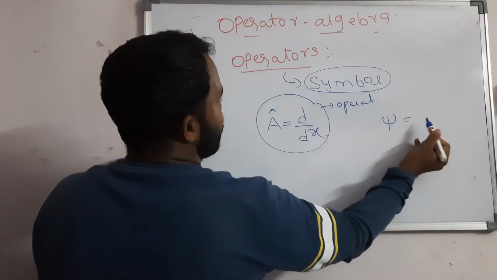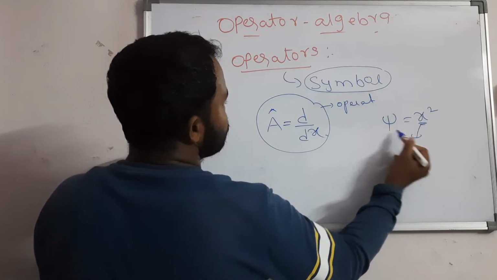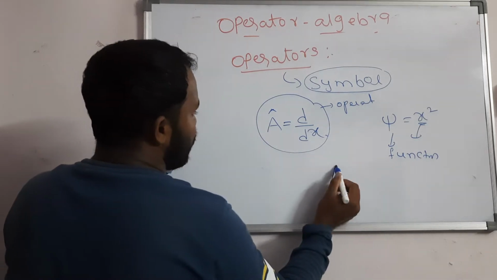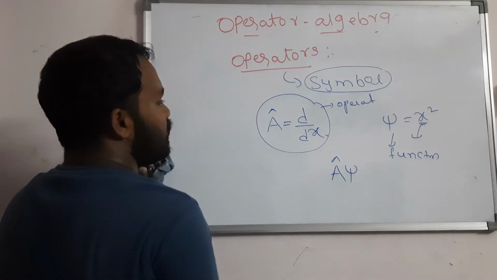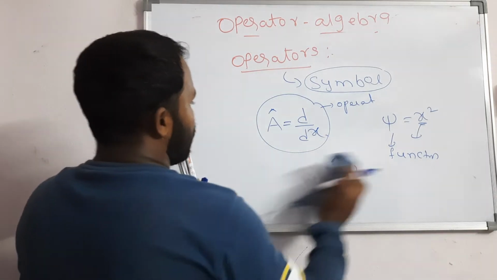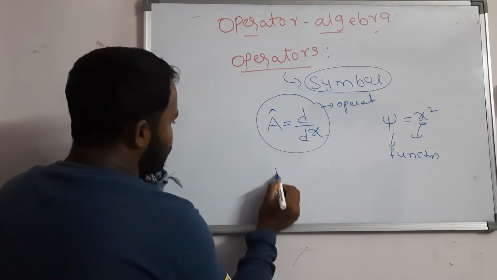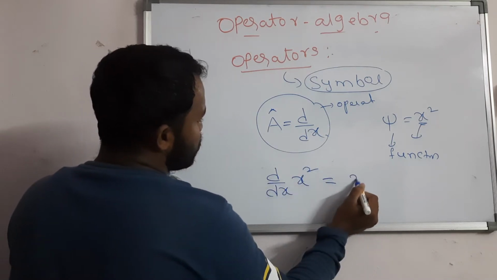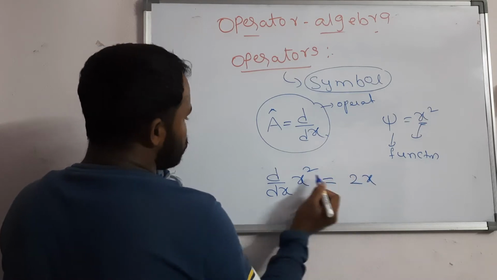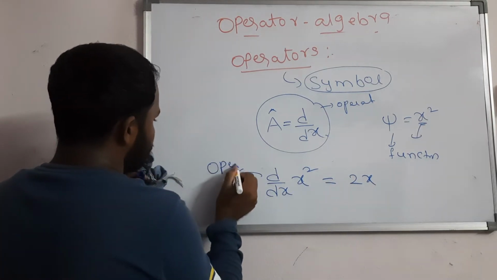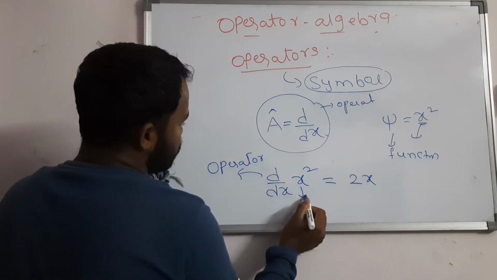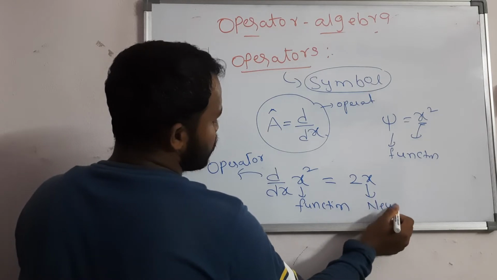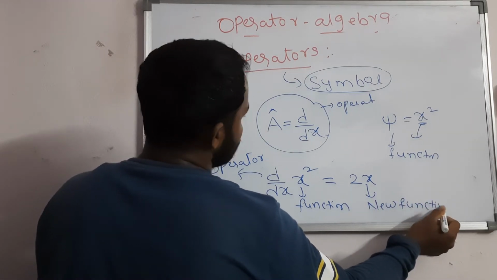Psi is the function, and I take psi as x square. If I find A cap into psi, that is d by dx of x square, which is 2x. This is the operator, this is the function, and we get a new function.